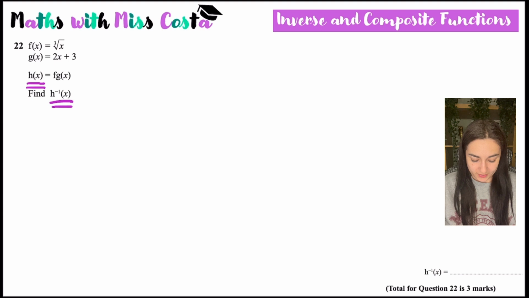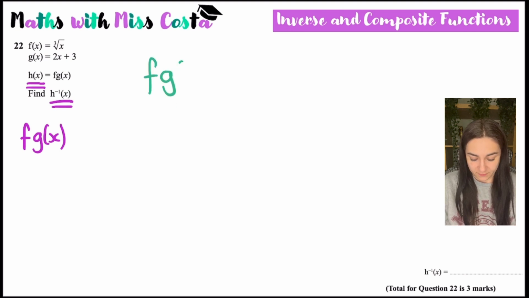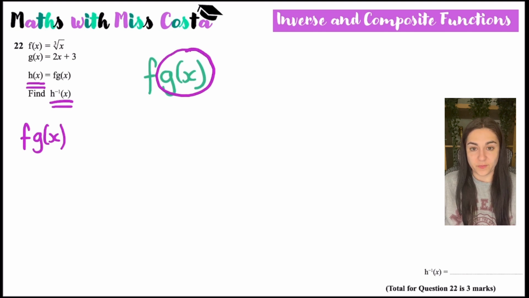So step one, what I want to do is figure out what fg of x means or is. So when you're dealing with composite functions in particular, the way you deal with them is you work out what the function of g of x is, and then you substitute that into f of x.